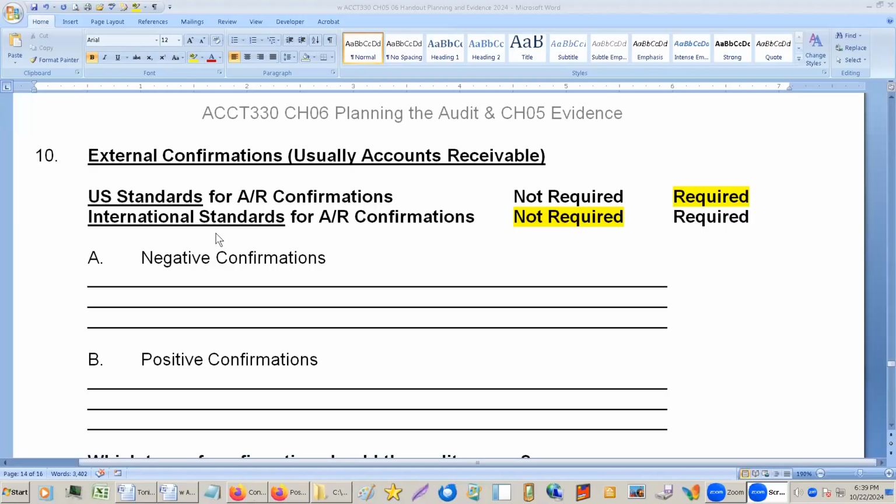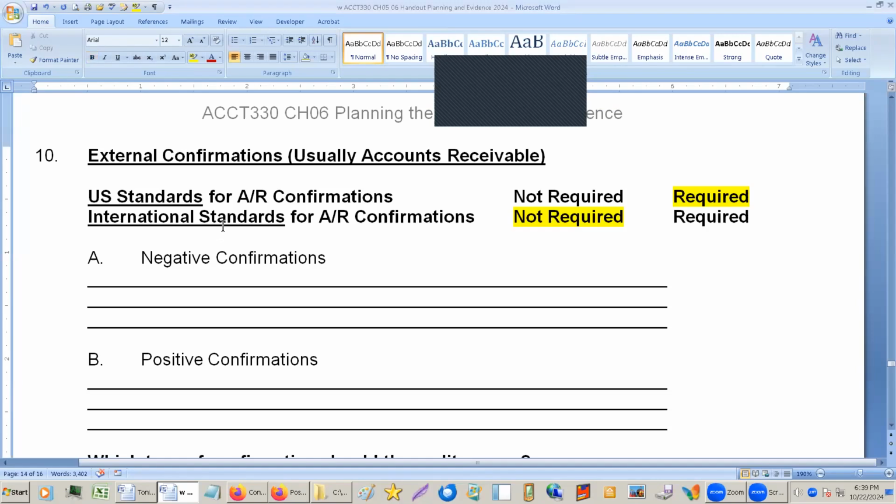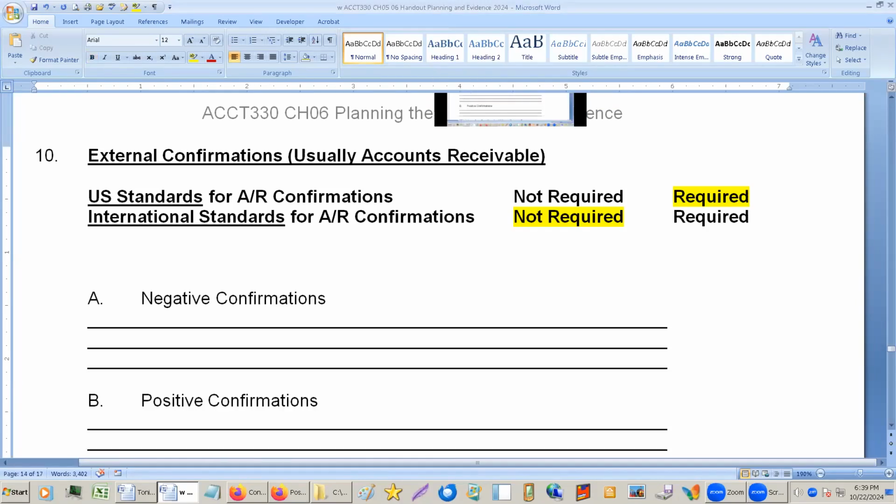Let me see if I can write this out. Confirmations are sent to the client's customers to verify accounts receivable.